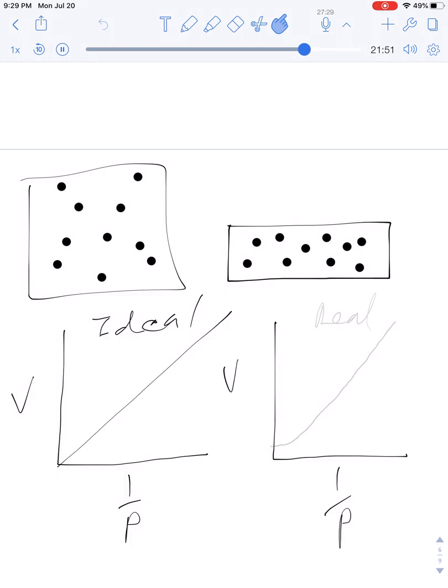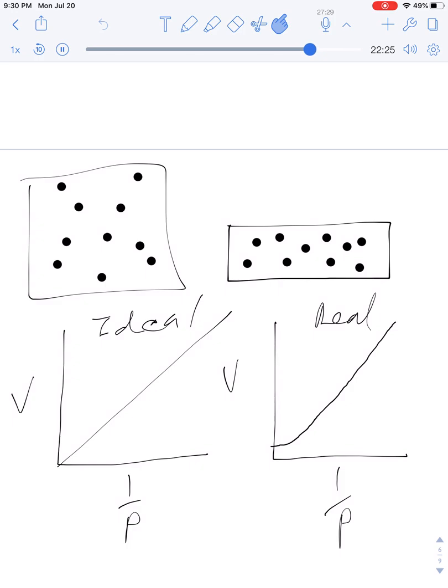But with a real gas, you get to a point where you can no longer compress that gas anymore. As you compress the gas, it'll eventually turn into a liquid, and if you really compress it, it'll turn into a solid. So the line goes straight, and at the very end it tails off, and there's a certain point you can't compress anymore because it turns from liquid into solid. So at very high pressures, you must use the real gas equation, okay?